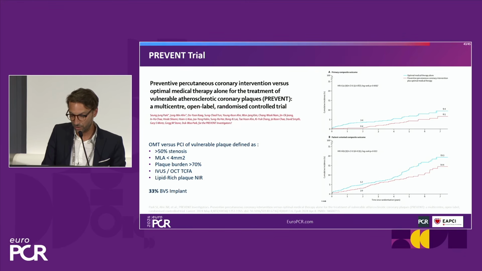They were randomized between optimized treatment only or optimized treatment plus preventive angioplasty. The angioplasty group had better outcomes, with the primary outcome positive, with a lower primary outcome rate in the angioplasty group. And as you can see, 1/3 of the patients had BVS implants.